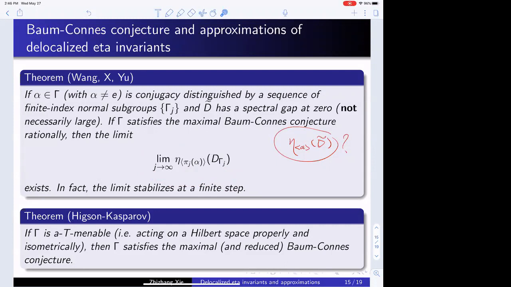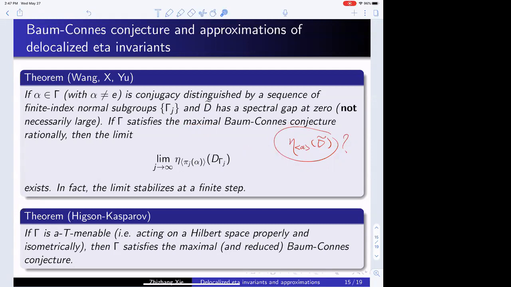So here I use the maximal version, and then if time permits, I also comment on what happens if you replace the condition of maximal Baum-Connes by reduced Baum-Connes. And if there's still more time, then I'll comment on the situation where you can actually talk about this limit being equal to that, in the context of the Baum-Connes conjecture.